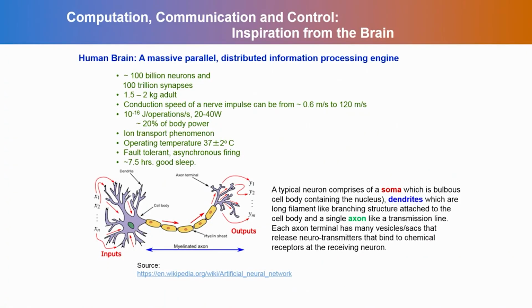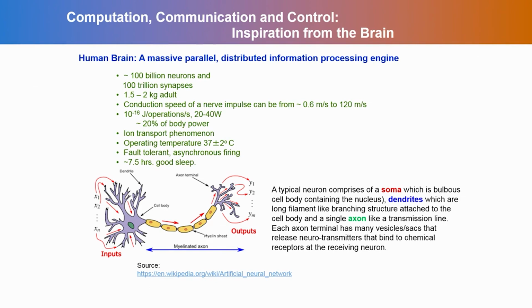And the transport phenomenon is through ion exchange process. I would say it is an electrochemical process, because there are cycles of ion exchange and electrical signals that are conducted through the neurons. The operating temperature is 37 plus minus 2 degrees centigrade, otherwise we have fever and we cannot function. It is an amazing fault tolerant system.